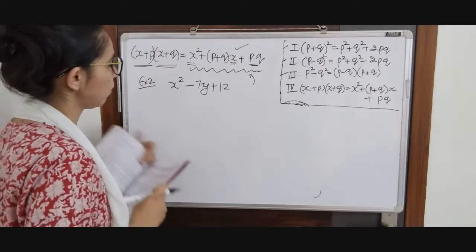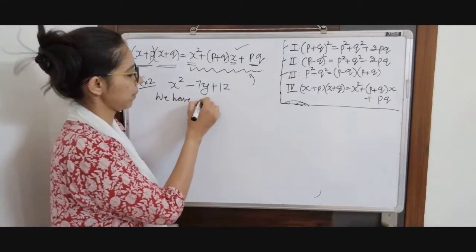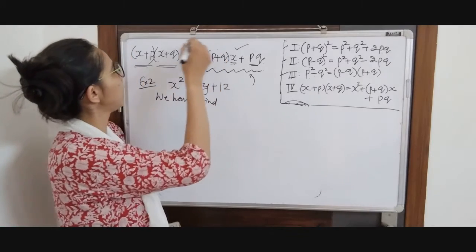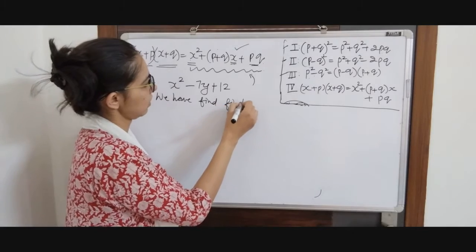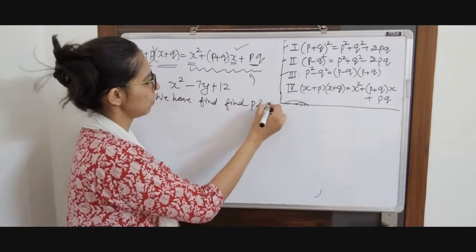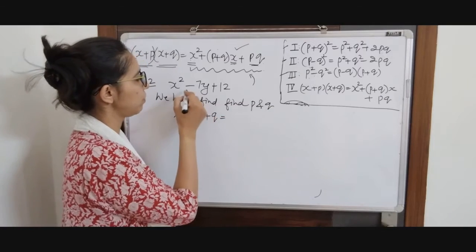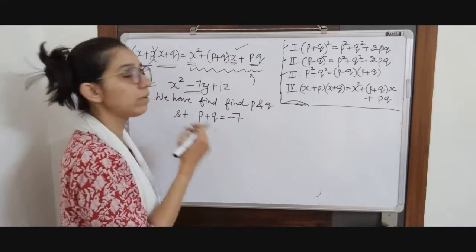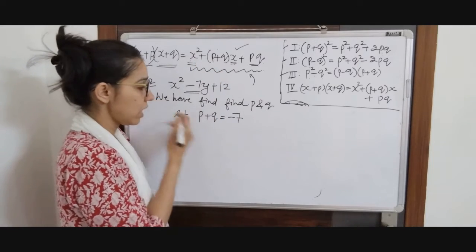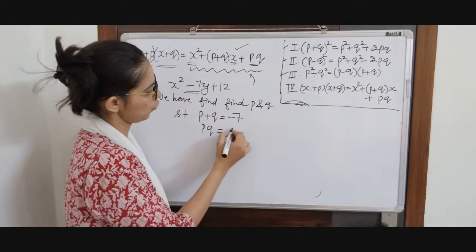Here we have to use the identity and find p and q such that p plus q should be minus 7, and we have to take the sign into consideration also, and p into q is 12.